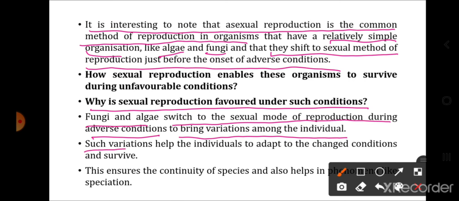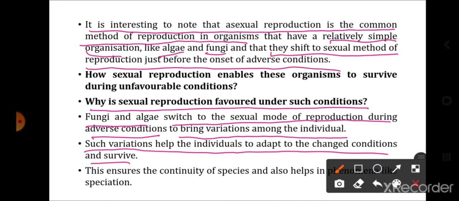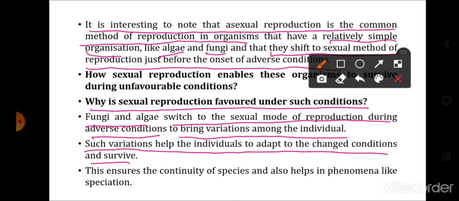Such variations help the individual to adapt to the changed conditions and survive. Under adverse conditions, these variations bring about adaptation, and hence the organisms will survive. This ensures the continuity of the species and also helps in phenomena like speciation.